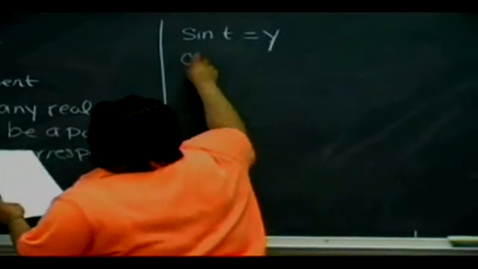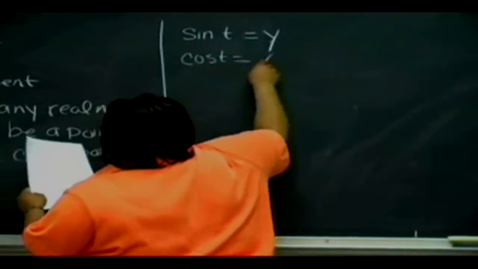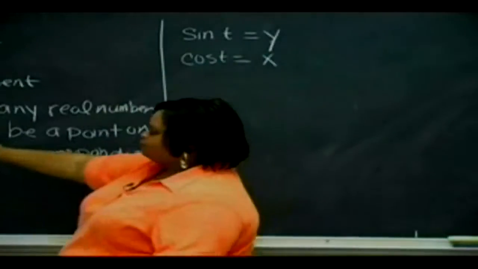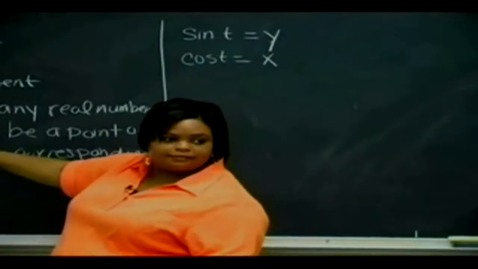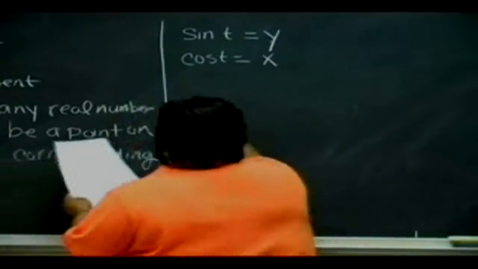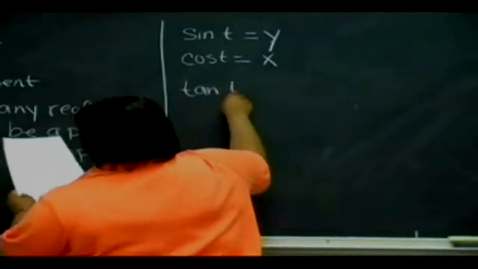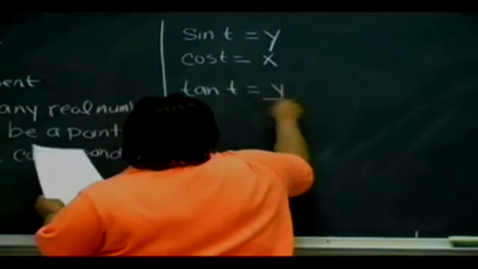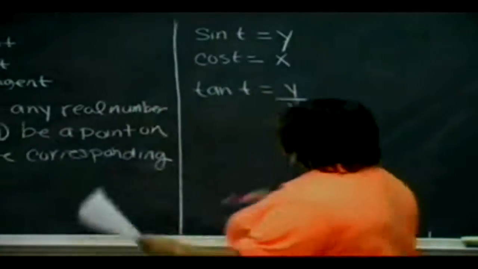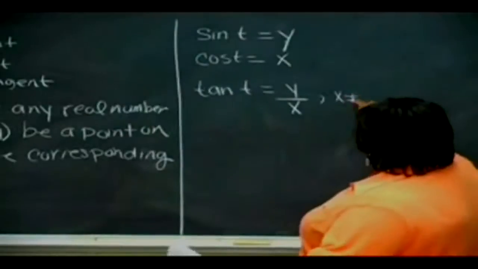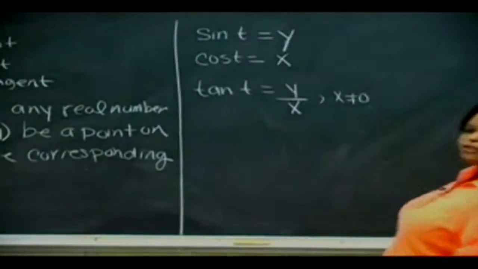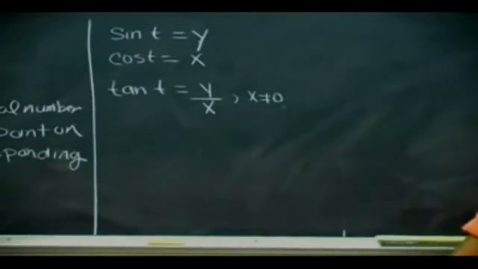Cosine T will be the X coordinate of this point. Tangent T will be Y over X such that X is not 0. Remember, no zeros in the denominator of fractions.